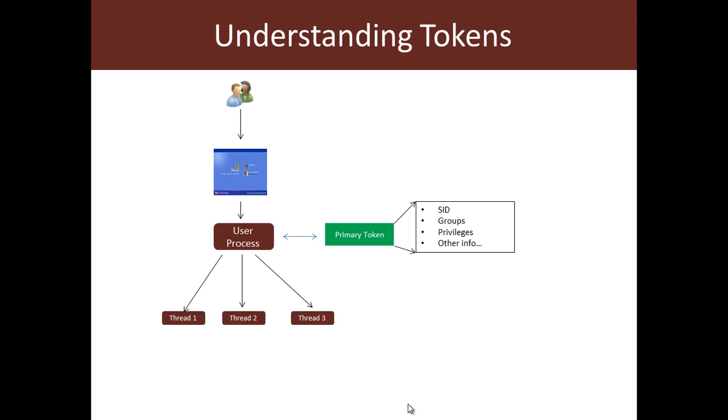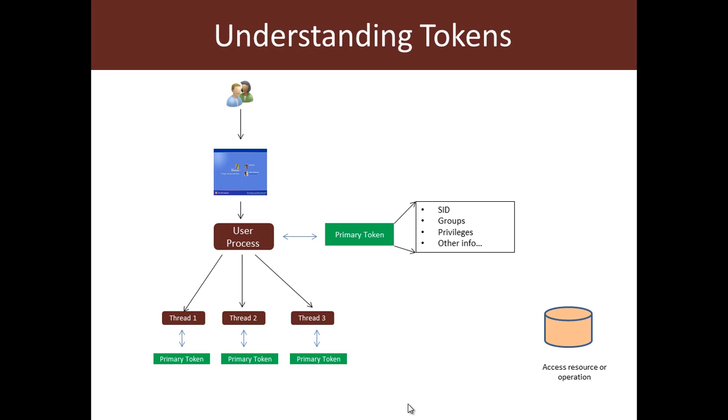Interestingly, when this same user process creates multiple threads, each of these threads is also given the same primary token associated with the user. So where is this primary token exactly used? Think of the primary token as an authorization evidence.